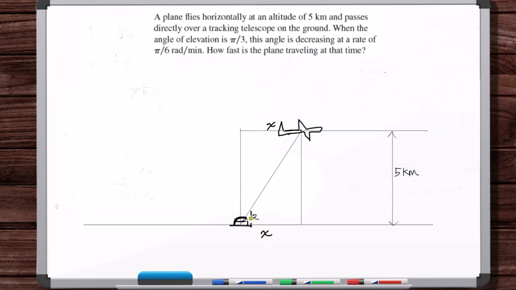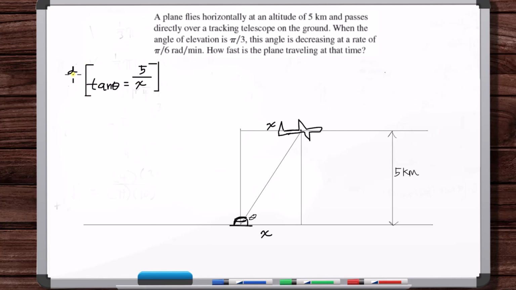So we say sine of theta is opposite, or no, tangent of theta is opposite over adjacent, because we've got this opposite. So tangent of theta is opposite over adjacent. Okay, so we've got this equation that relates the two variables.